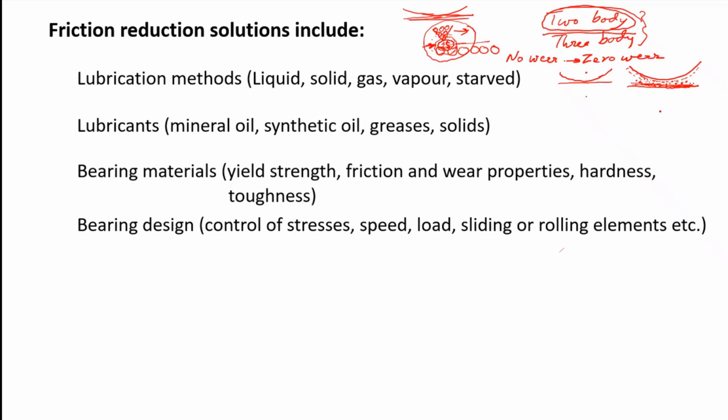Sir, you told in the previous lecture that when wear happens between two bodies, then wear debris is produced, and that wear debris again corrodes the surface of the material. Yeah. So it acts as a third body. Right. So this is also the third body.